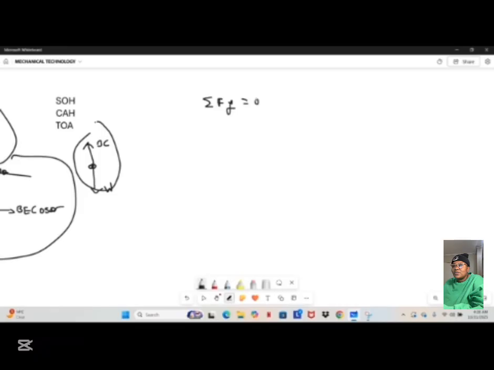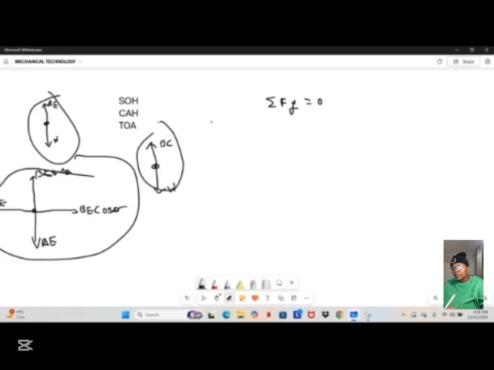And we know that weight is equal to mass multiplied by gravitational acceleration, which is going to be BC minus W is equal to 0.